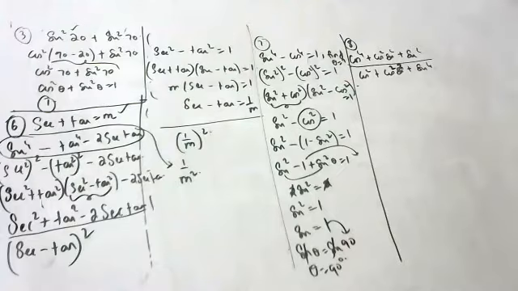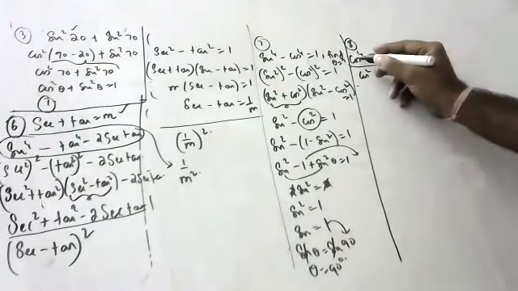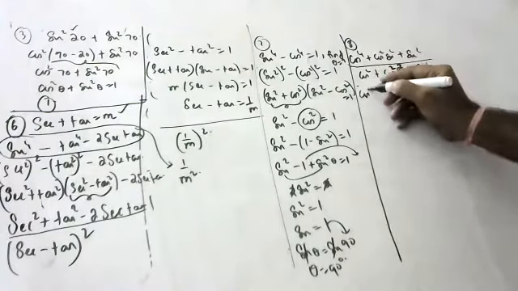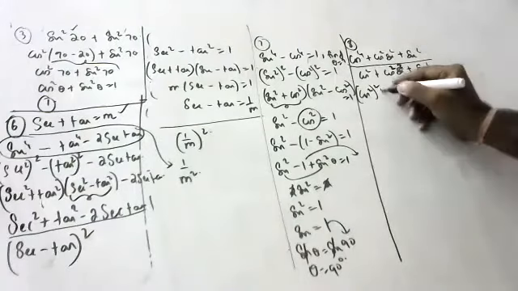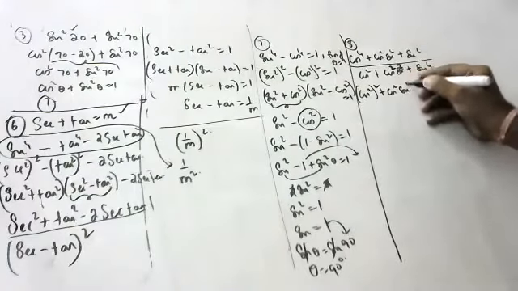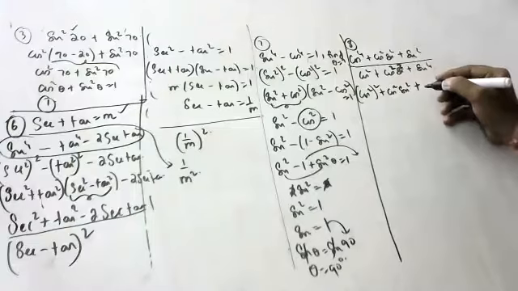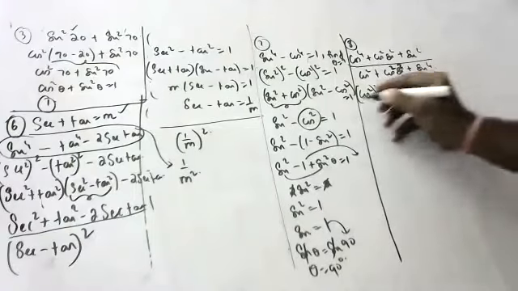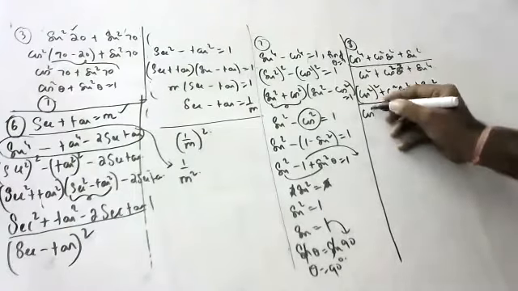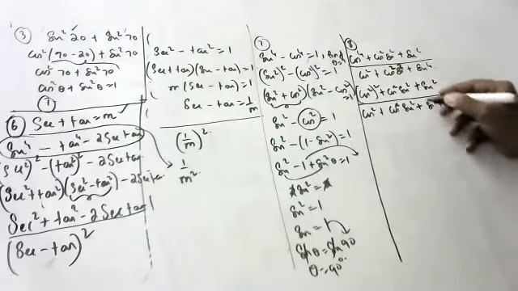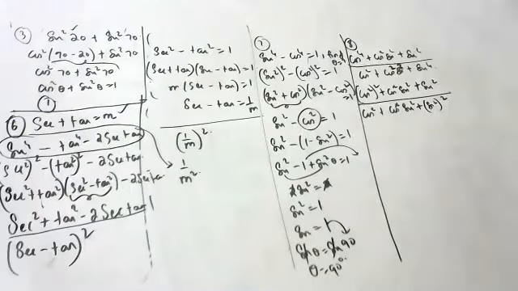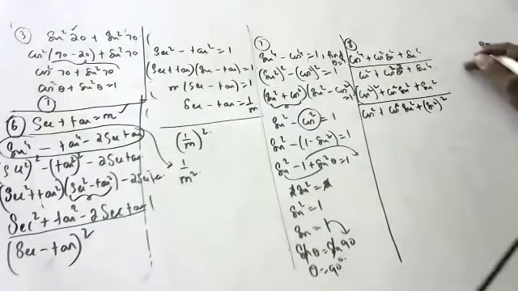Cos 4 we can write as (cos square) whole square, plus cos square sine square, plus sine square, so (cos square) whole square plus cos square sine square plus sine square. Okay, what is the use of writing like that?